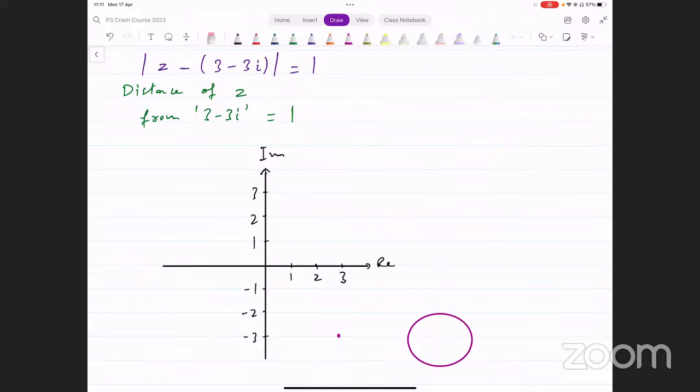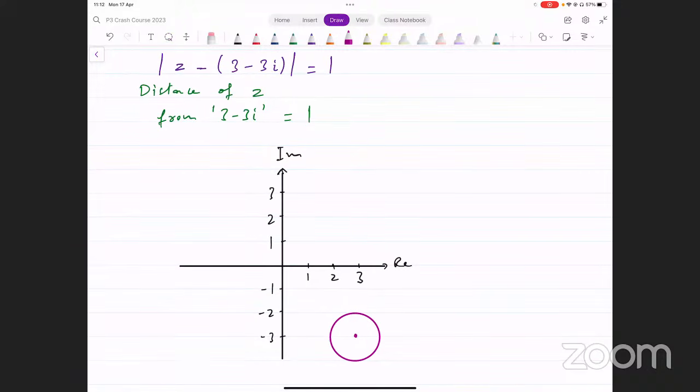So the locus that you get is going to look like this, a circle with center at this point that we have. That's the point of reference. We have a circle with radius 1 and center at that point. This is 1 unit. This is 1 unit.